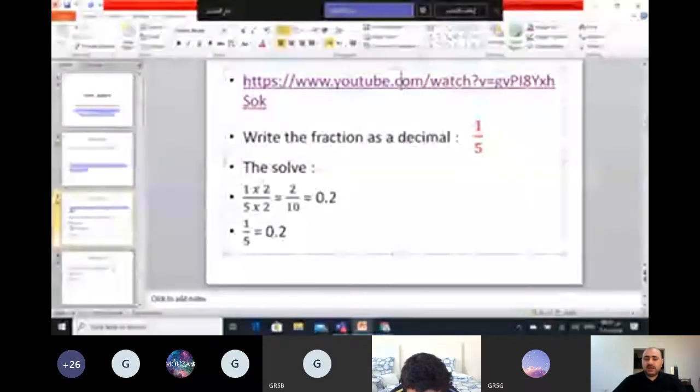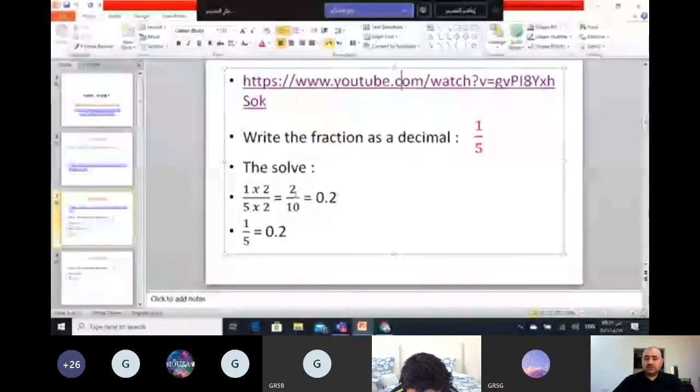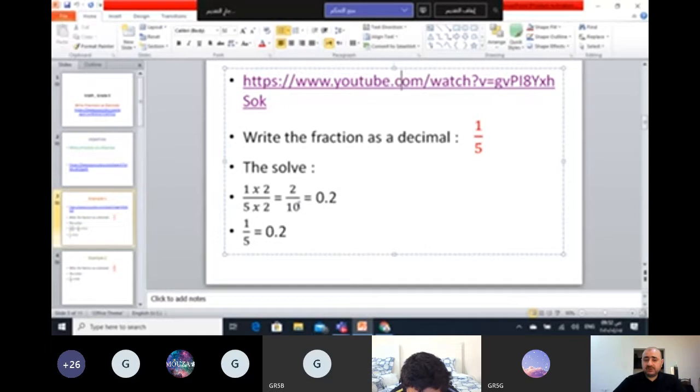So 2 times 1 will be 2, and 2 times 5 will be 10. Now I can change because the denominator is a power of tens. This is 10. 2 over 10 means 2 parts of tenths.